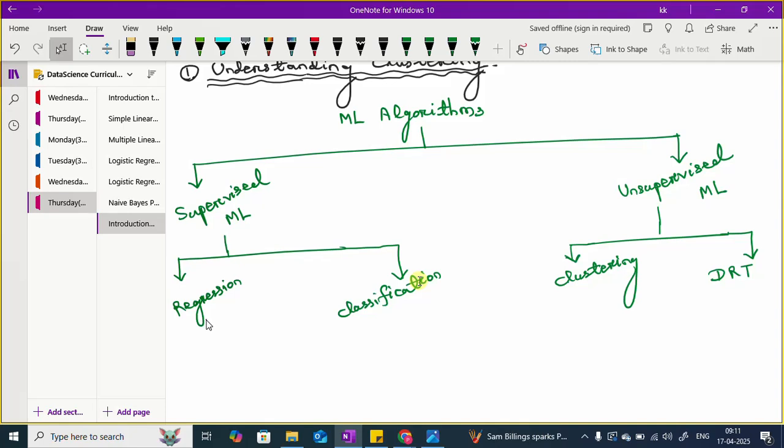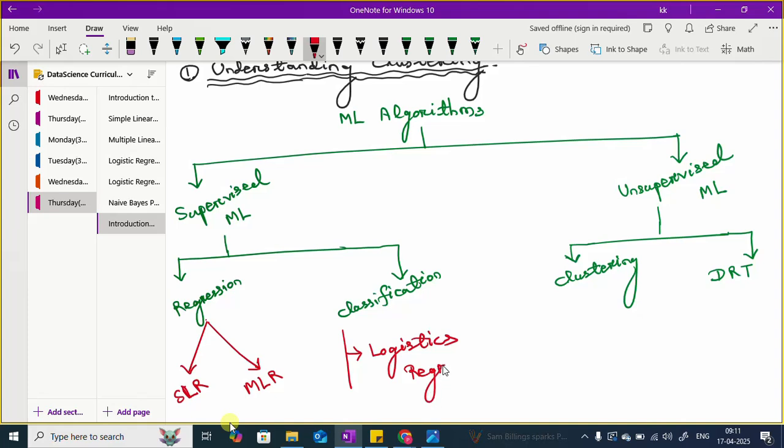We have covered two beautiful algorithms. One is simple linear regression, another one is called multiple linear regression. Similarly, as part of classification, we have covered logistic regression. Clear?